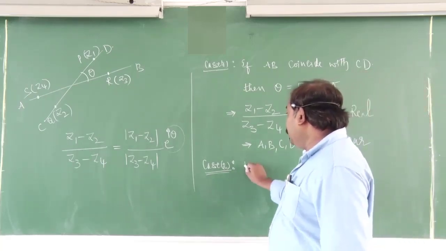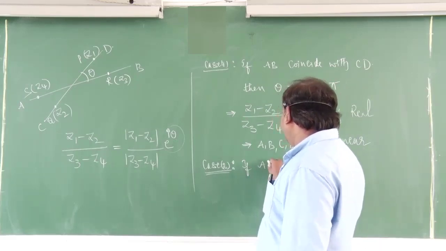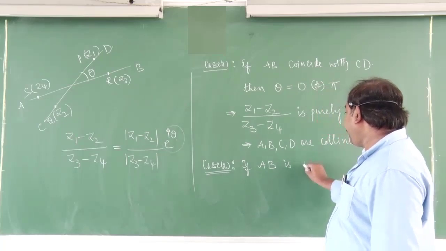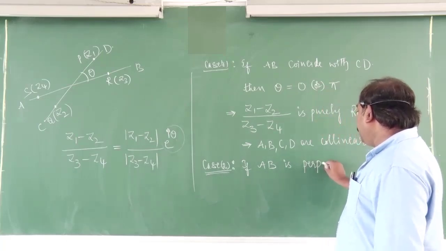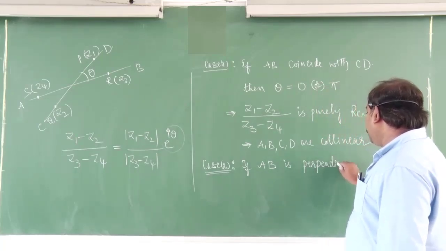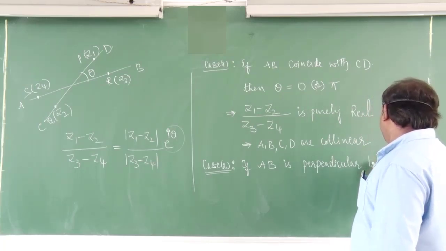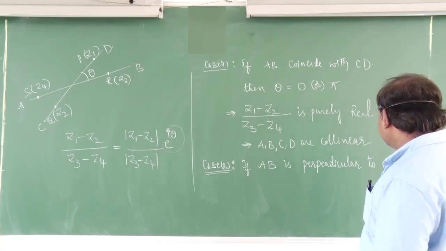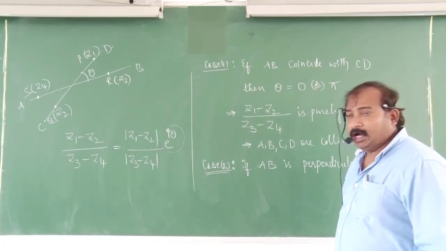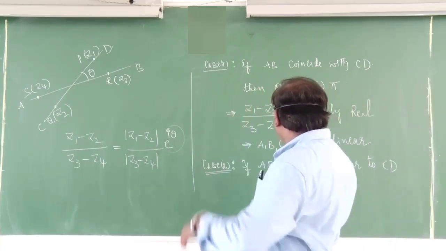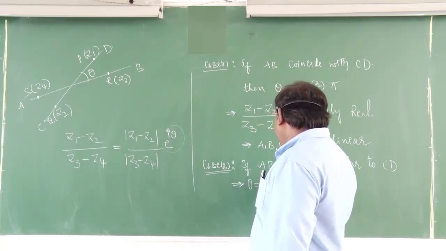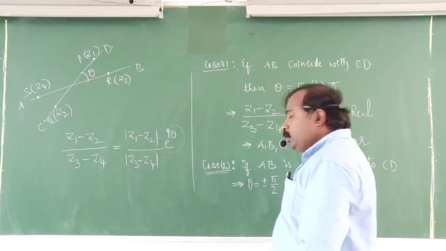Now, next case, if AB is perpendicular to CD, then what will the theta value be?